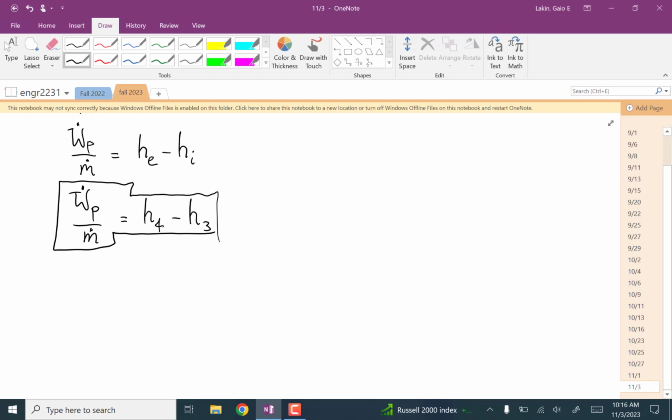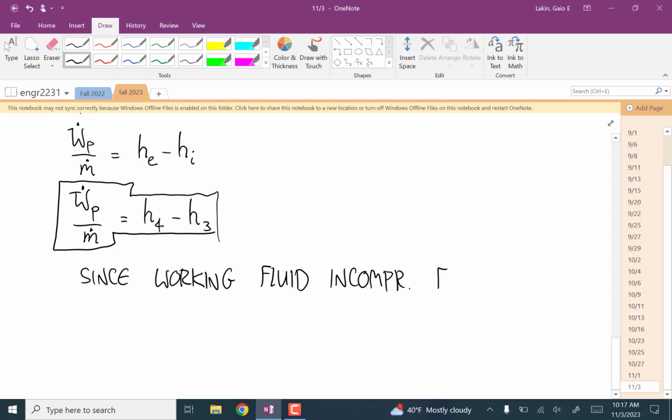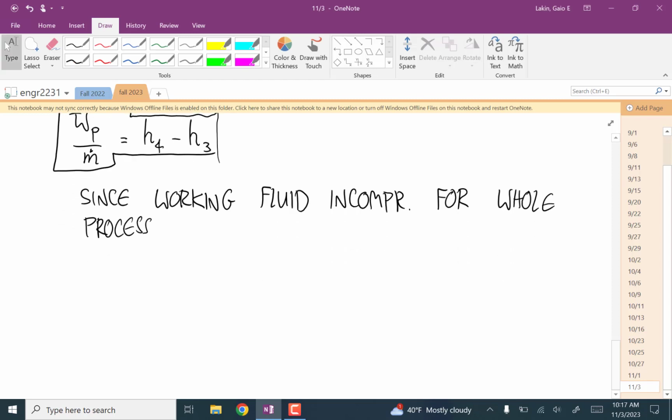We know a little more, since the working fluid is incompressible through this whole process, we know that V3 is equal to V4.